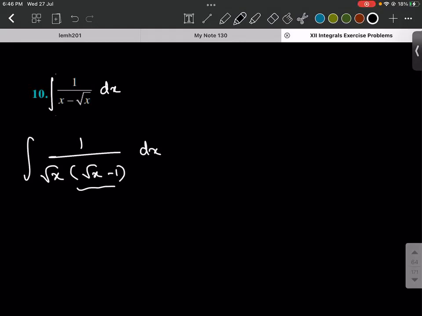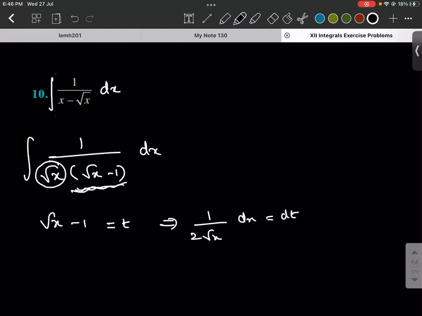So if I observe, root x is in the denominator. Derivative of which function will give you a root x in the denominator? Root x itself. What is the derivative of root x? 1 by 2 root x. Then what can be done, you can take this root x minus 1 and substitute it as t. This will give you 1 by 2 root x into dx is equal to dt.